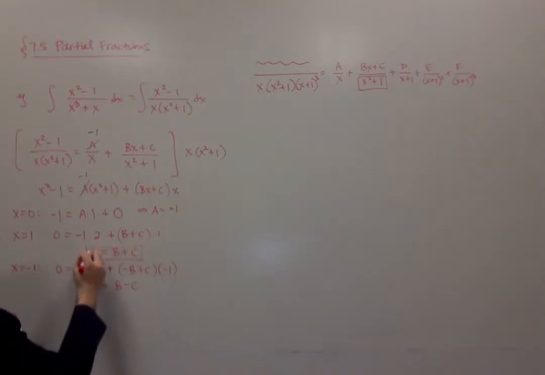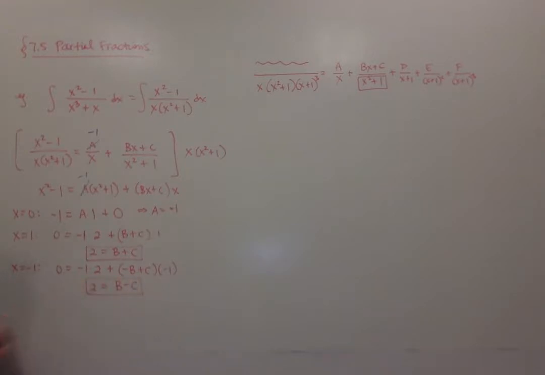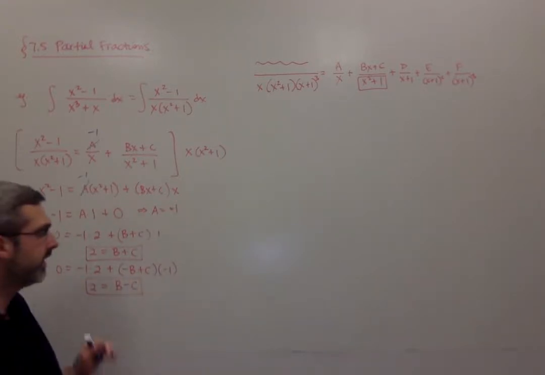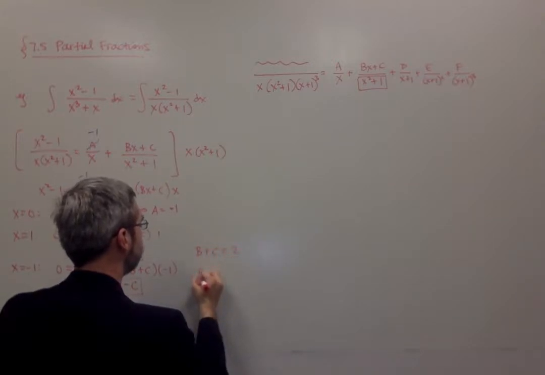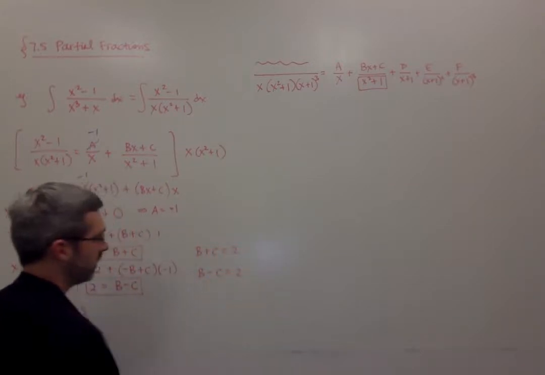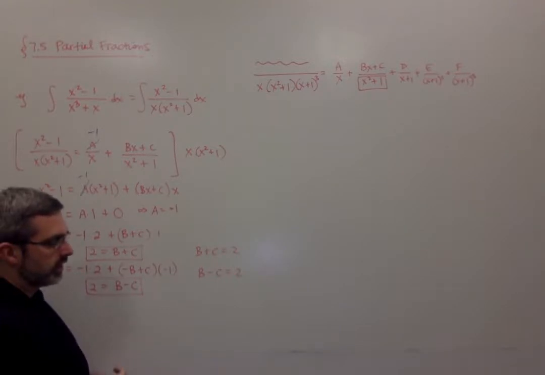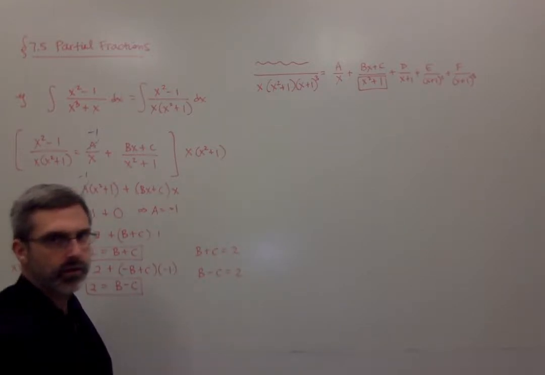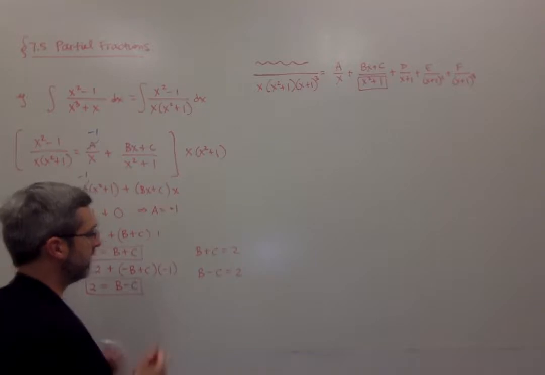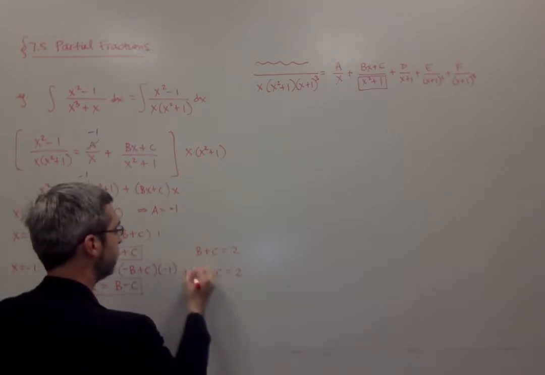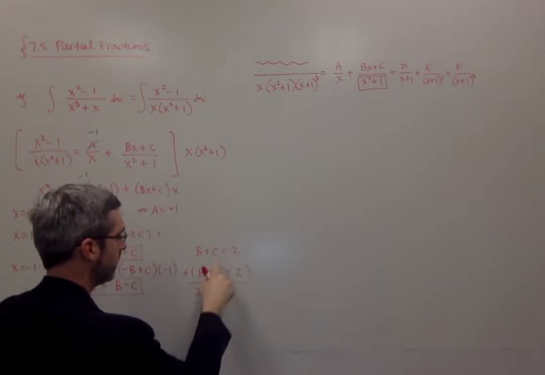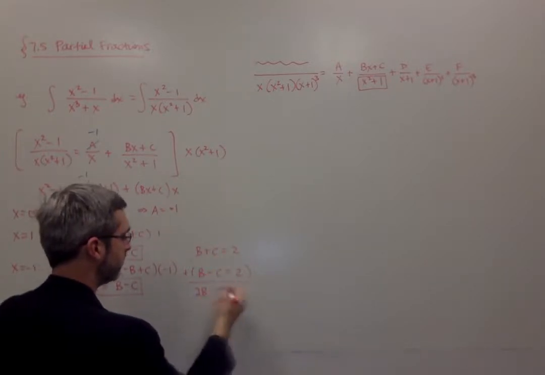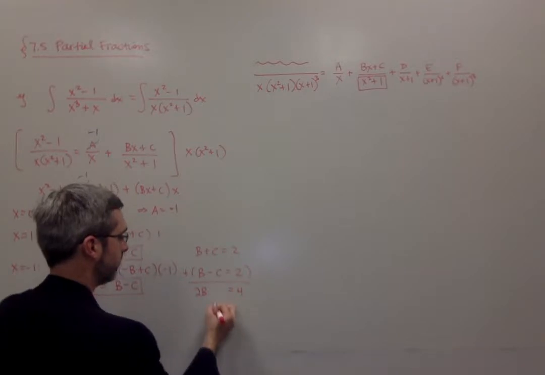Okay, now we have to kind of harken back to your algebra days and think through if I've got that B plus C is 2 and B minus C is 2. What you probably used to do would be, for instance, to add these two equations together. And I get 2B, C minus C is just 0, equals 4.